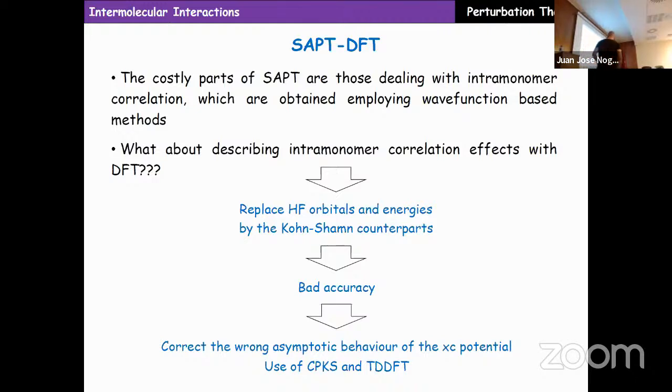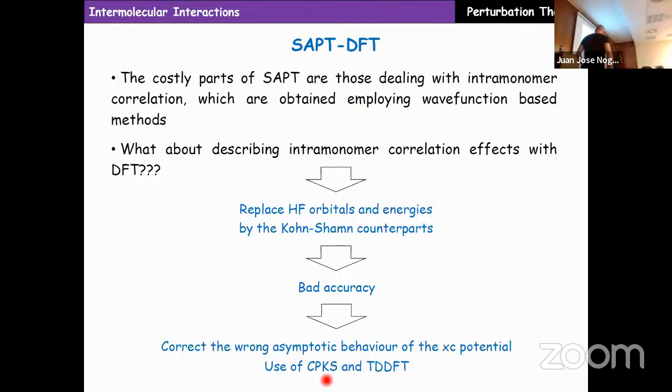So what can we do? What we do in SAPT-DFT is complicate the solution even more by using coupled perturbed Kohn-Sham and time-dependent coupled perturbed Kohn-Sham, which is equivalent to time-dependent DFT. Okay, you know these methods. I think most of you know coupled perturbed Kohn-Sham and time-dependent DFT for the second order terms.